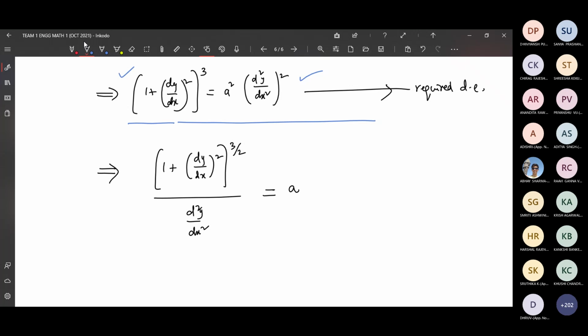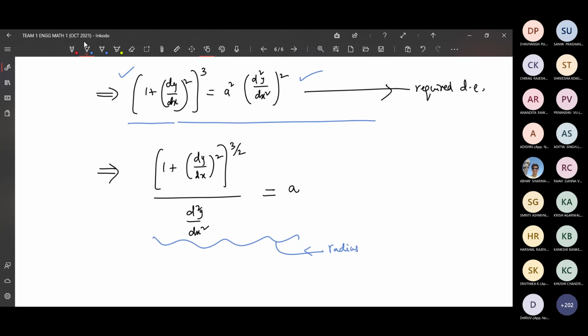That's over. But you go one step ahead. What is a from this? That means square root you are taking both sides. That means here 3 by 2, and the denominator d square y by dx square whole power 1 by 2. That is just d square y by dx square. So the meaning of this is, this left side formula gives you the radius of curvature at any point.